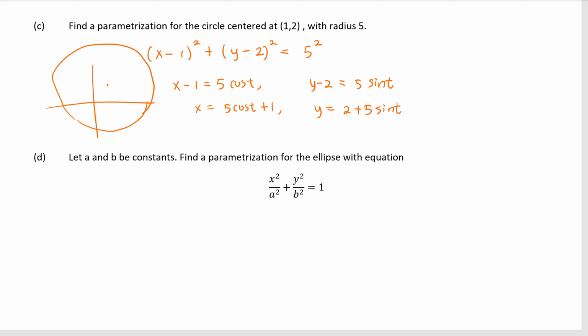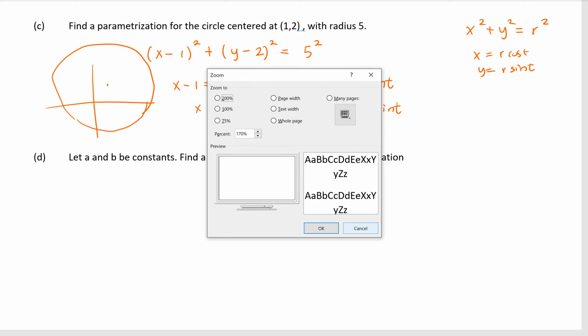All right. Why do I set it up as 5 sine t, 5 cosine t? If you have x squared plus y squared equals r squared, you set it up as x equals r cosine t, y equals r sine t. But here, instead of x, you have x minus 1, so you just replace x by x minus 1 in the formula, and then we have that.